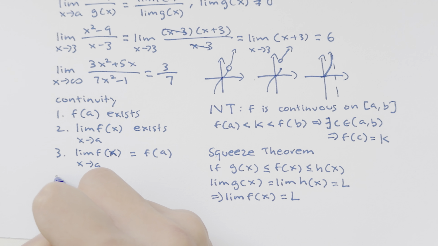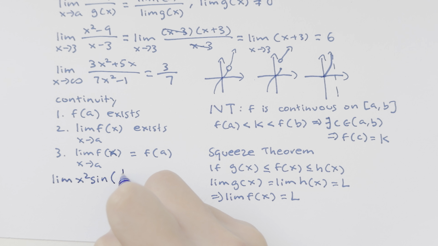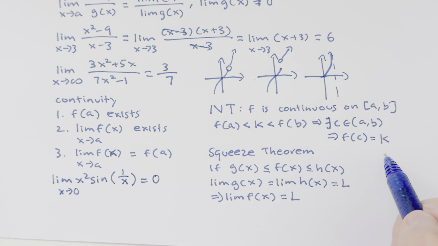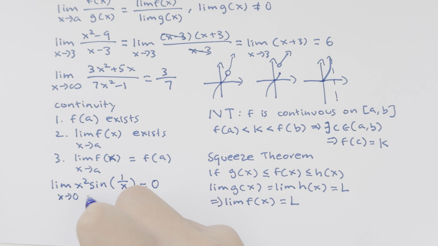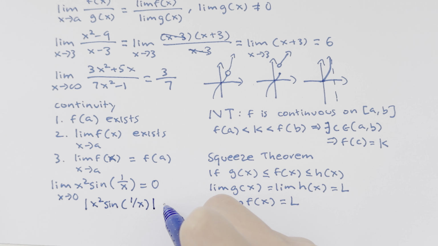Because here you can see that since sine of 1 over x oscillates between 1 and -1 due to the properties of a sinusoid function, then the absolute value of x squared sine 1 over x is going to be less than or equal to x squared. So we have 0, because you can just plug in 0 to here.